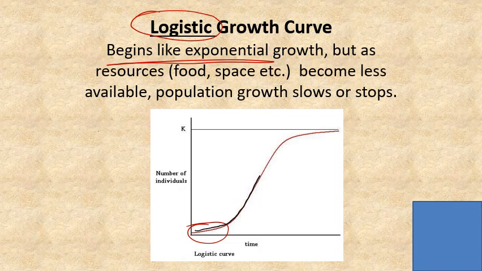Now, as this population gets larger, we see this growth beginning to slow down as food and resources become less available. We see an increase in competition for those resources, and eventually we hit this steady state right here.